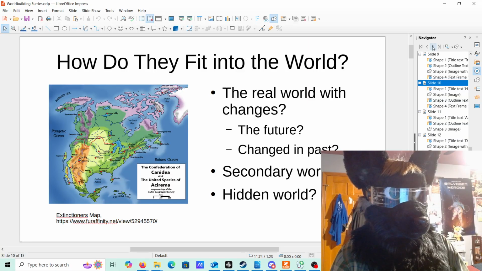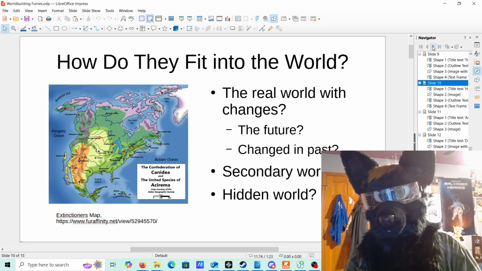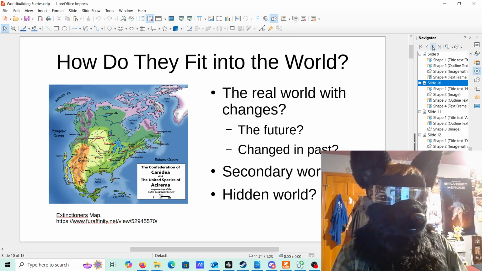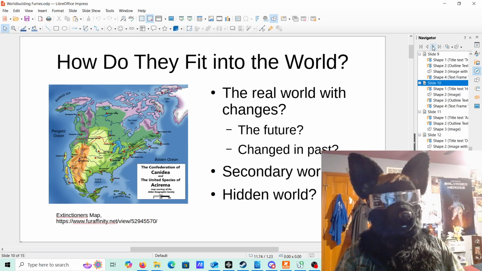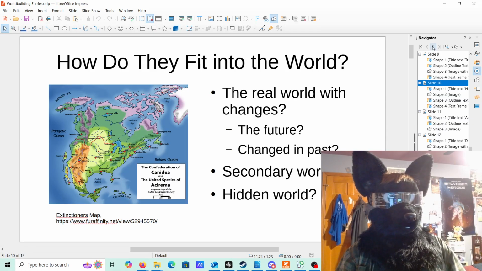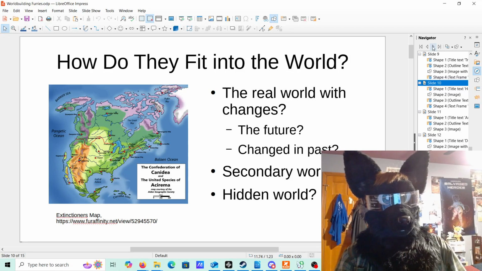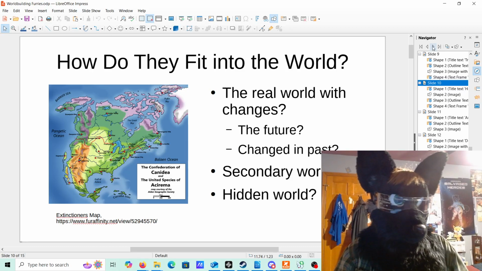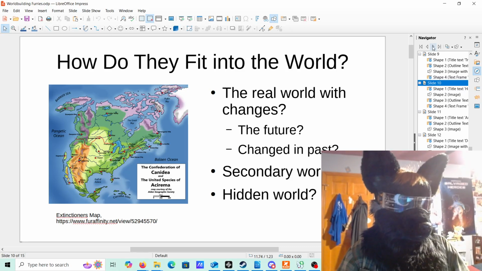Could it be a secondary world of some sort? Like Narnia or Westeros or the universe in Kevin and Kel that occasionally crosses over with the human world.